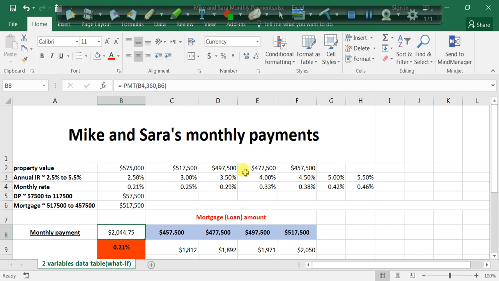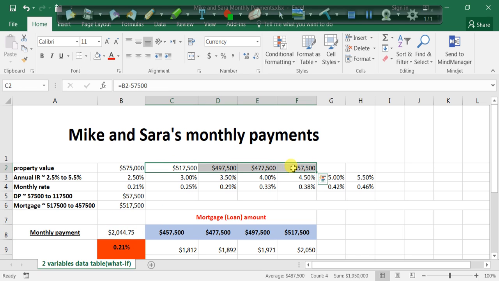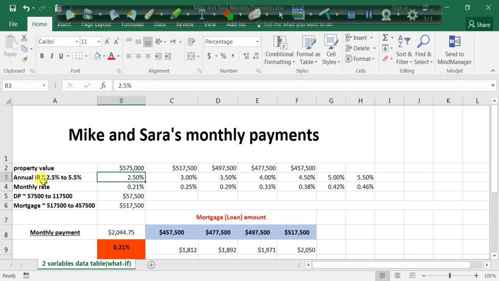Okay, so here you can see the amount of mortgage that they need to borrow from the bank, which is equal to the value of the house minus the down payment. Here you can see the agreements that they have with Bank of Montreal, and Bank of Montreal suggested that they can lend money to Mike and Sarah, but the annual rate may change from 2.5% per year to 5.5% per year.